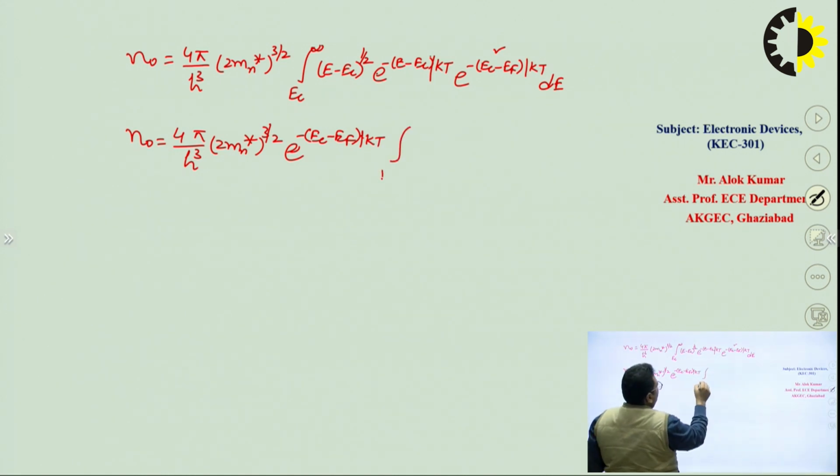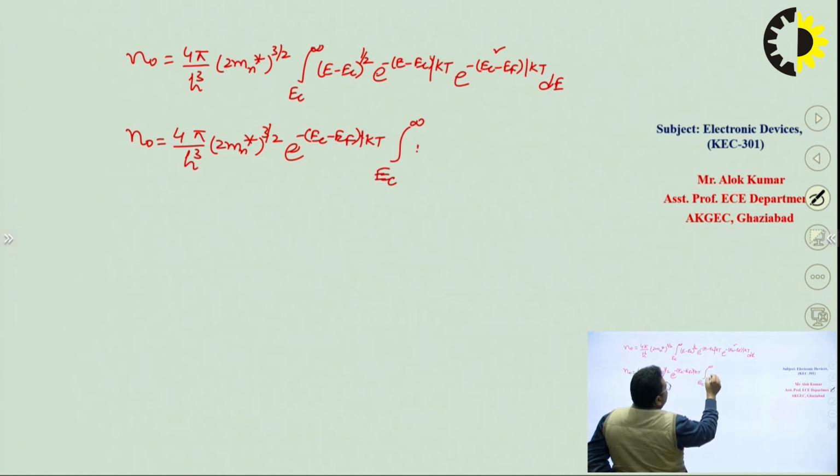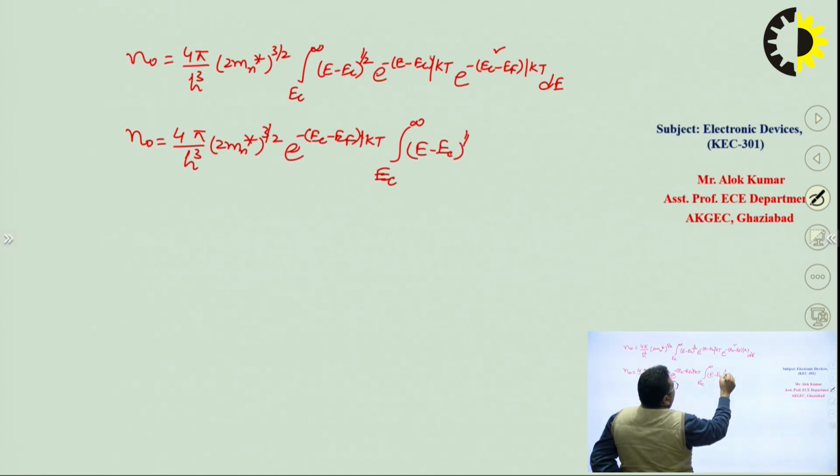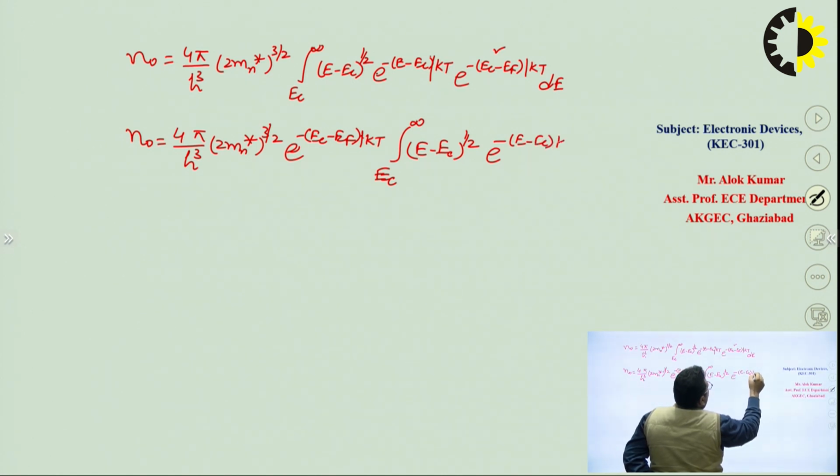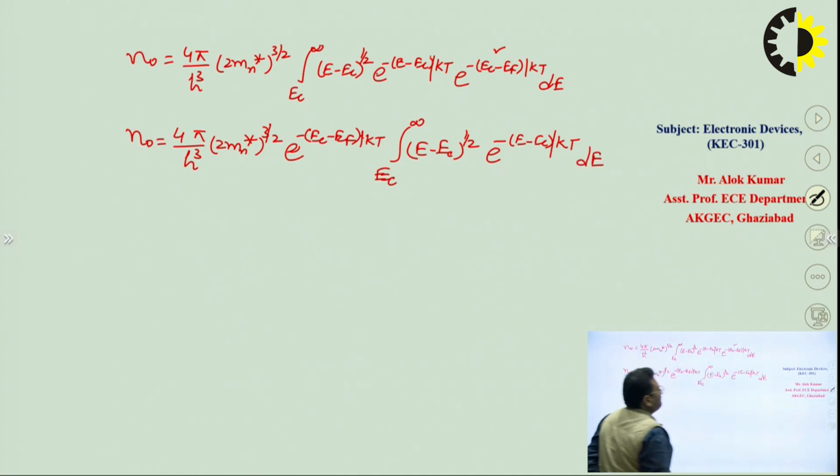Integration from EC to infinity of (E minus EC) to the power half, and the second term is e to the power minus (E minus EC) divided by KT, with respect to dE. So we will obtain this.